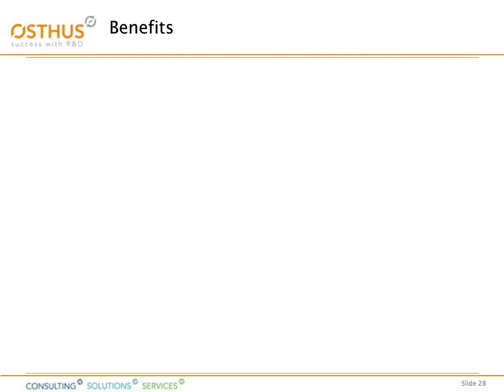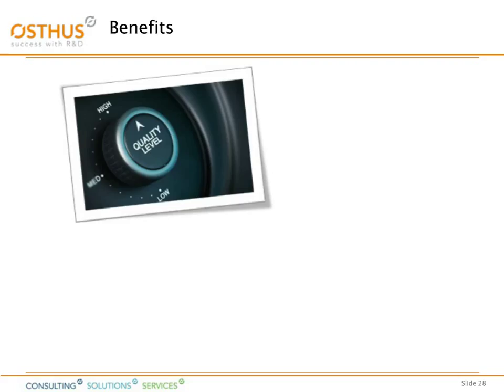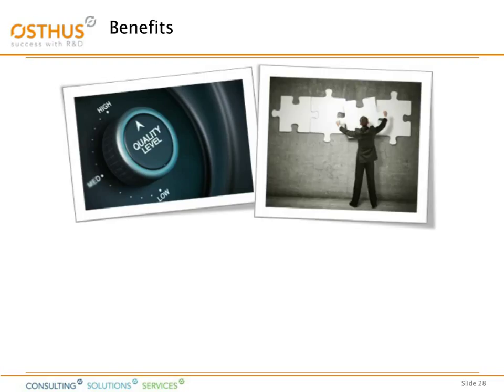Second, data standardization allows you to improve the quality level of your data. If you use the external taxonomies and ontologies, you may actually also gain extra insights into your data which you hadn't seen before.